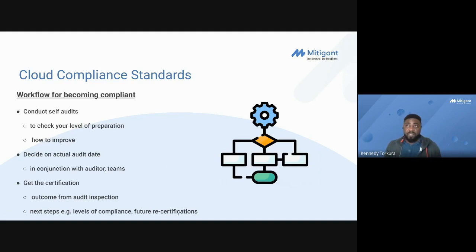Some compliance standards also have periodic recertifications, like maybe after 6 months you have to do another check in order to maintain that certificate, or you have to move to another level. There are different kinds of requirements. So these are things that you have to find out, and you have to put in place and prepare.